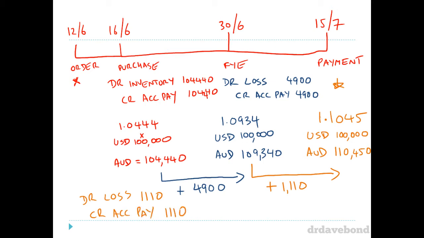So that's picking up the change, the profit or loss that's taken place. And then to finish things off, we just need to pay it out. So we debit accounts payable 110,450 and credit cash 110,450.